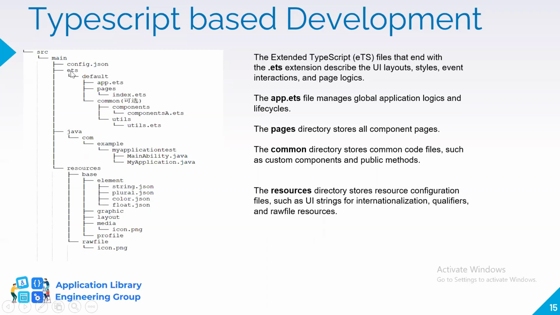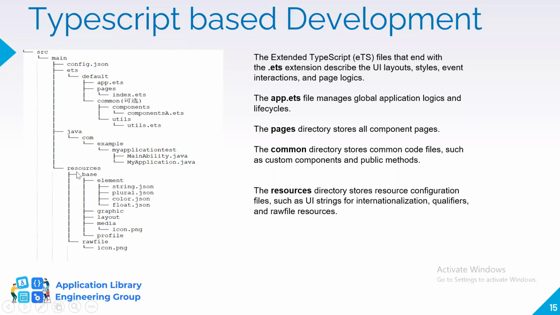And instead of JS, here the folder name will be ETS, followed by a default folder, which holds app.ets, where the application-level logic and lifecycle data will be maintained, followed by the pages folder, which actually holds your ETS files, where each file indicates one page, and there is a common folder. It means any common data, resources, or ETS files which can be referred to by multiple pages can be maintained here.